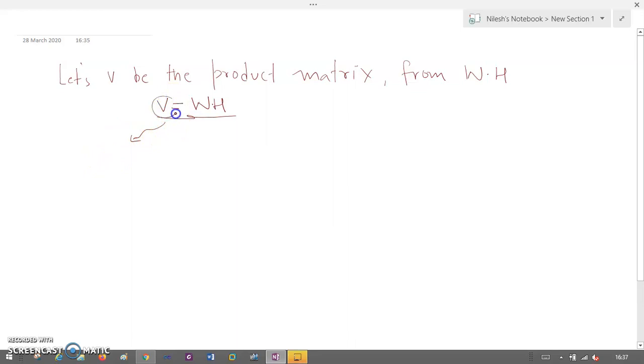The column vector of this V, I will write here, the column vector. It is going to be represented as V of I. So this column vector Vi should be the linear combination.